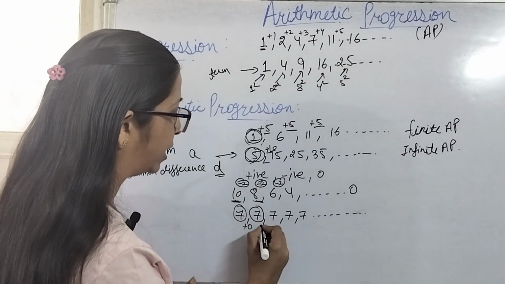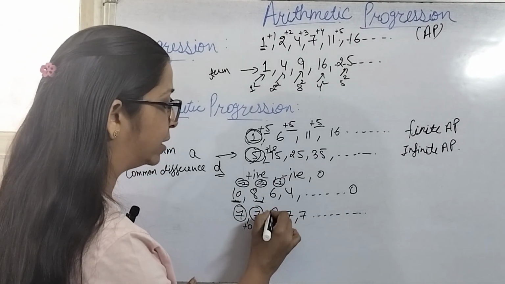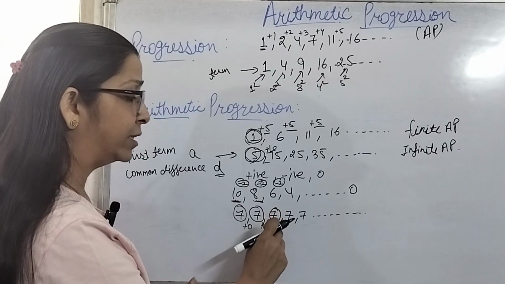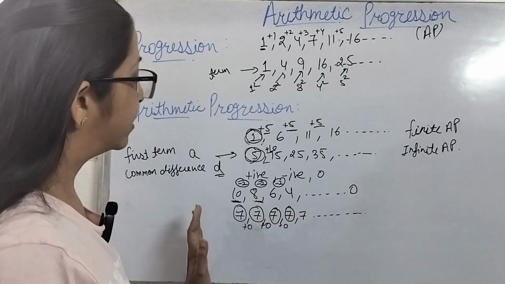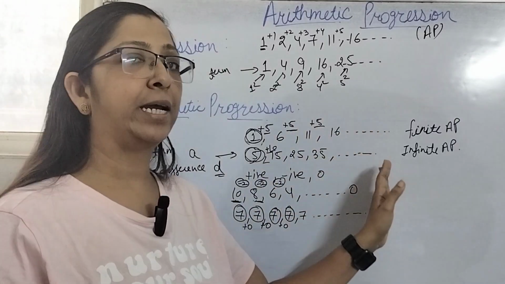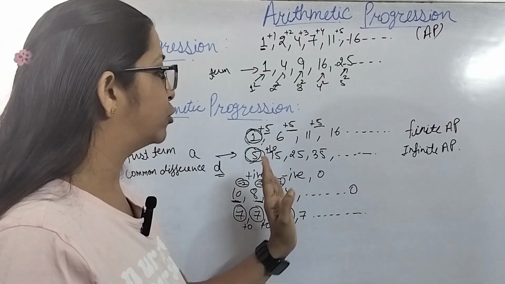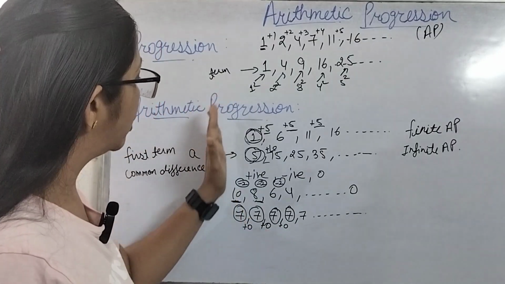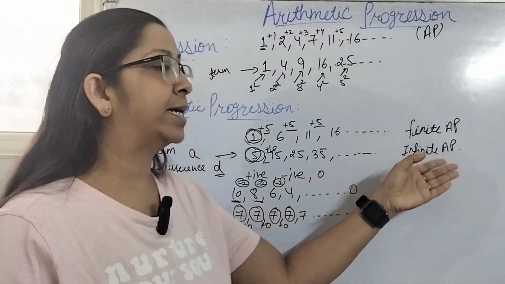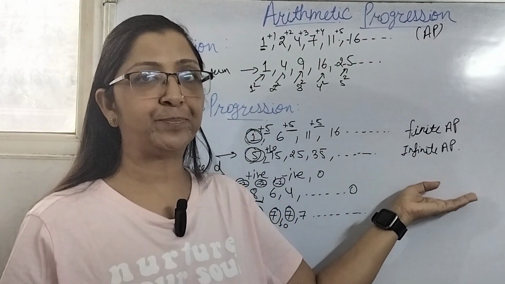In this number again we are adding 0 to get the next number. Again in the previous number we are adding 0 to get the next number. That means the number which we are adding could be positive, could be negative, and could be 0 also. In all these cases, these are examples of AP only.